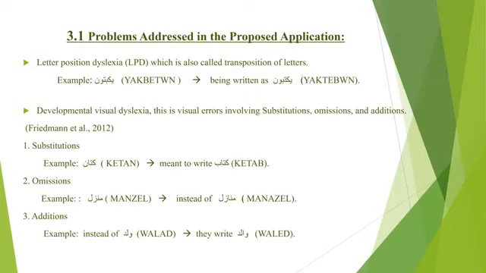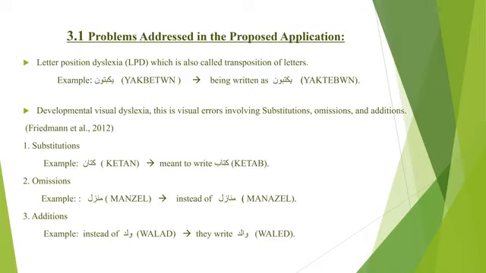The second issue is developmental visual dyslexia. These are visual errors involving substitutions, omissions, and additions of letters. Let's see the examples. The first example, which is an example of substitution, in the word kitan, which means linen, they mean to write kitab, which means a book.